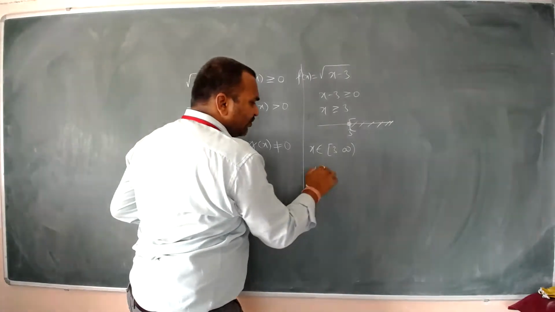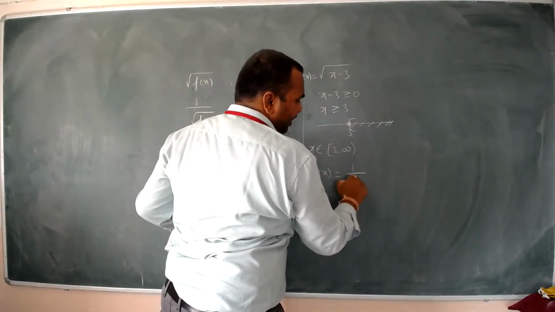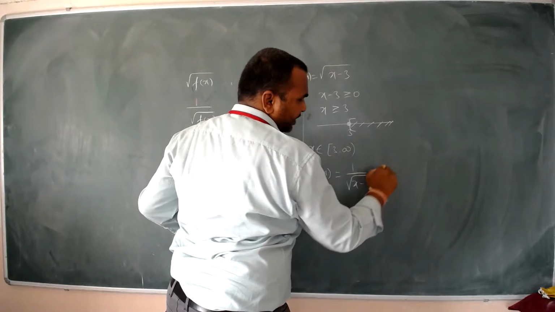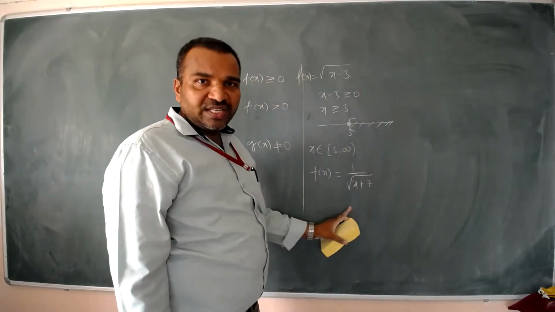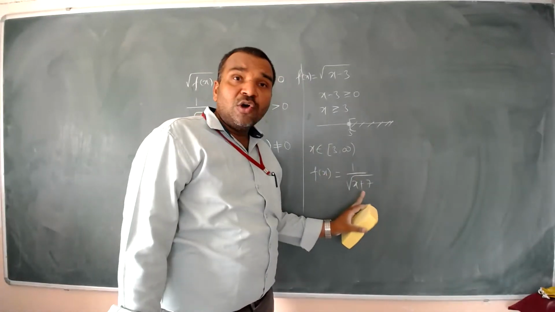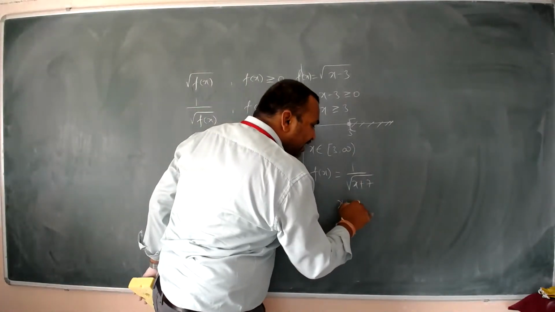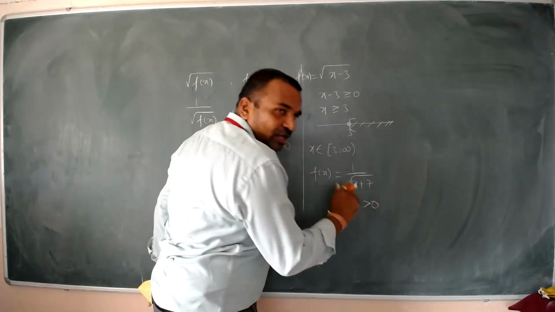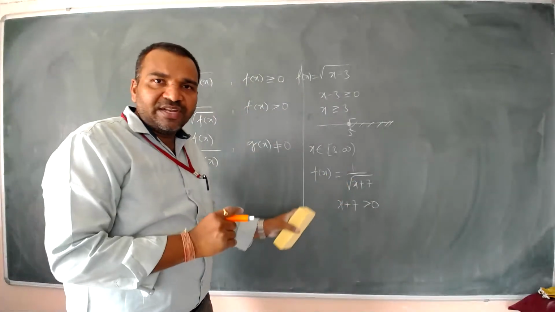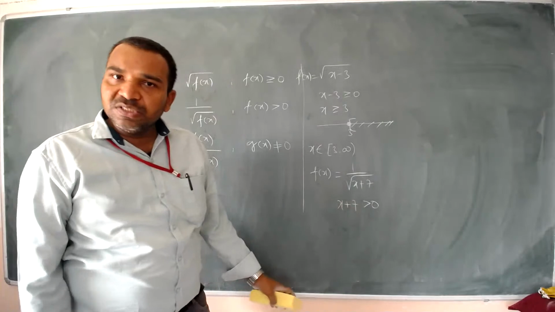So see here, if the function is like this, 1 by root of x plus 7. It is in the form of 1 by root function. If 1 by root function is there, the inside value must be greater than 0. The value inside the root must be greater than 0.